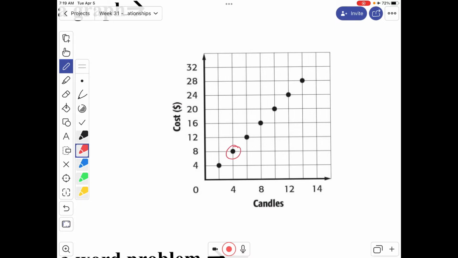I'm going to pick this one and this one. The x number goes first, so x is 4, y goes second, and then for this one the x is 8 and the y is 16.